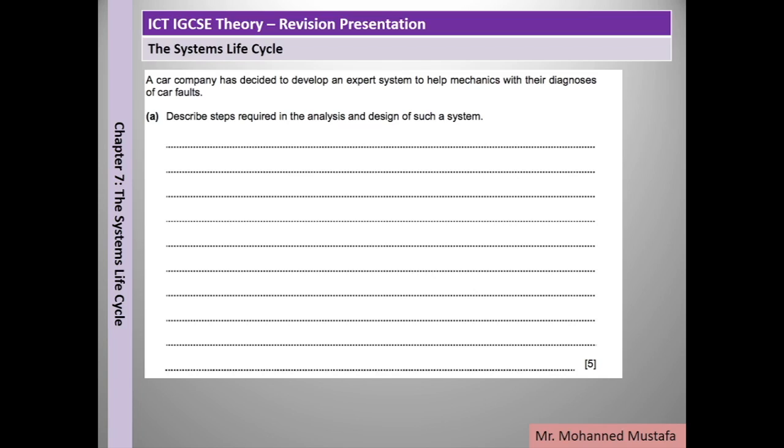A car company has decided to develop an expert system to help mechanics with their diagnosis of cars. Describe the steps required in the analysis and design of such a system. Of course, the steps are researching, because you are doing development for an expert system.